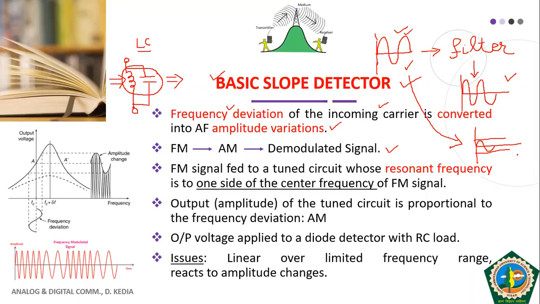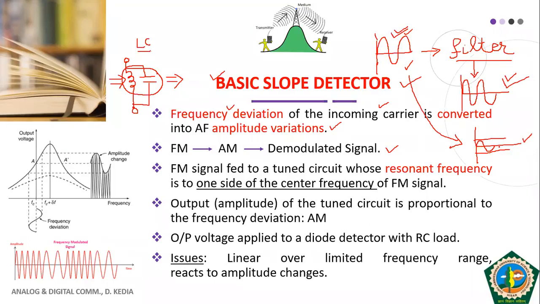What I want to say is that if the incoming signal frequency is equal to the resonant frequency of the filter, then the output will be maximum, equal to the input signal amplitude. And if my filter resonant frequency is different from the incoming signal frequency, then the output signal amplitude will be attenuated, or reduced.